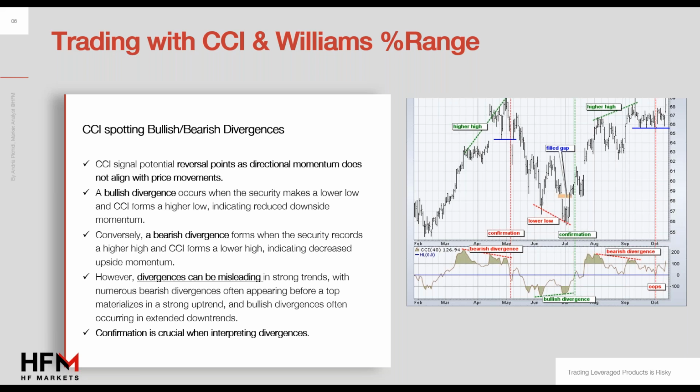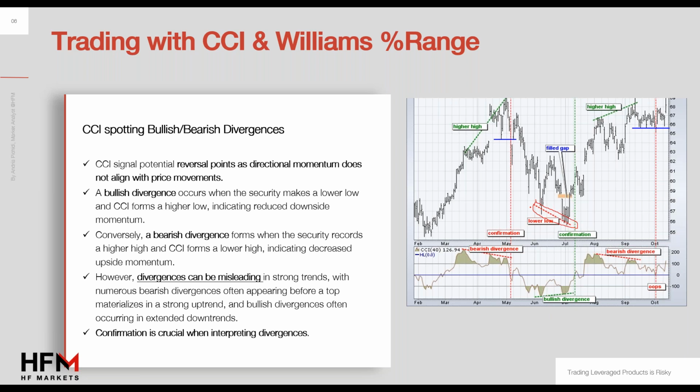Okay, so a bullish divergence occurs when the asset makes a lower low. Let's find one here, like this one. This is a bullish divergence. Why? Because the price makes a lower low.